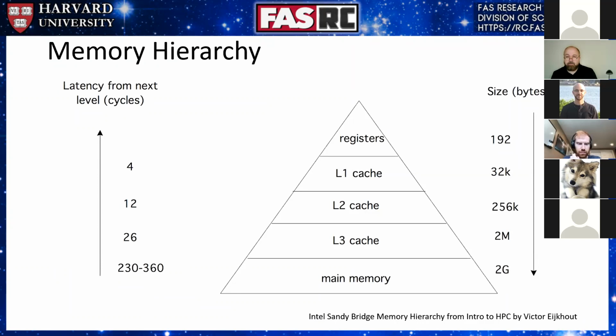So the registers are small. The L1 cache is also small but a bit larger, but it takes a penalty to get there. The L2 cache is even larger. The L3 cache is even larger than that, and basically is adjacent to main memory.